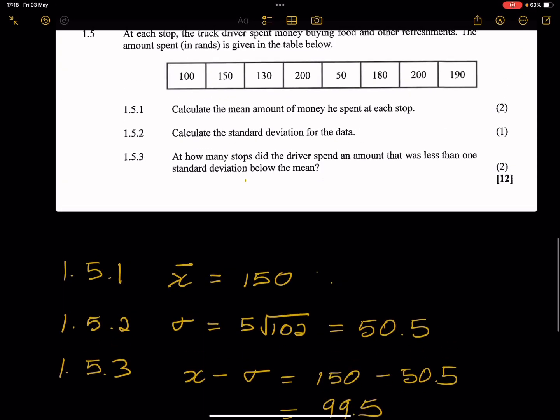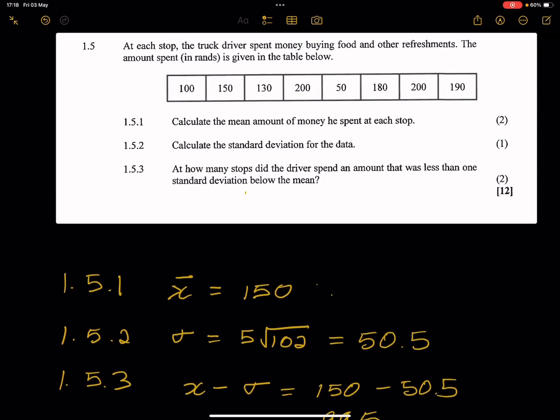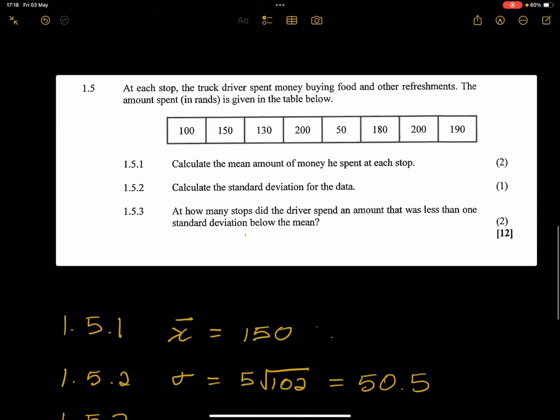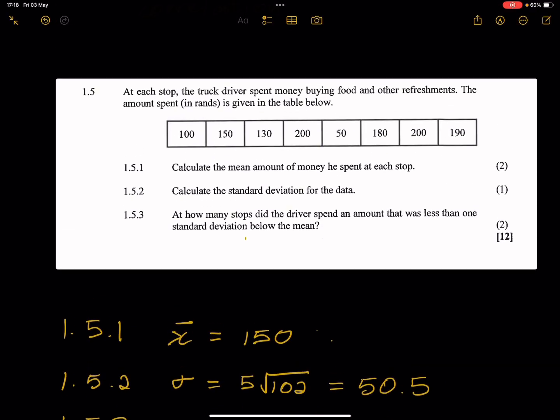Now, they said at how many stops did the driver spend an amount that was less than 1 standard deviation below the mean? So what is less than 99.5? I think there's only one value there, and that is 50.